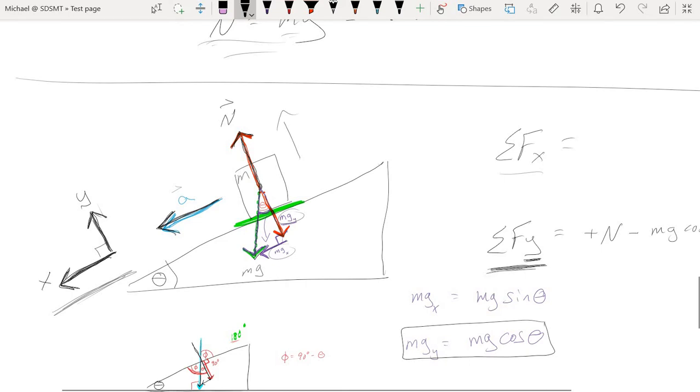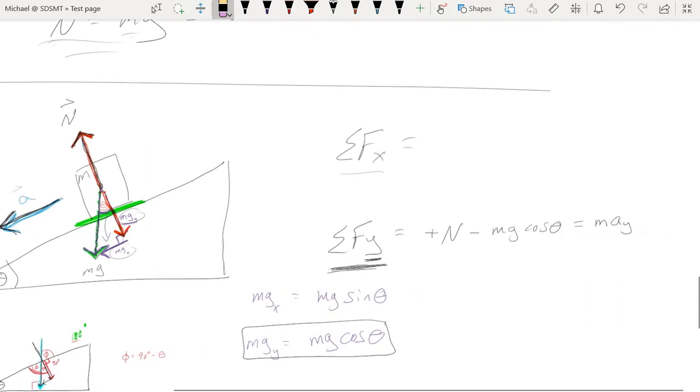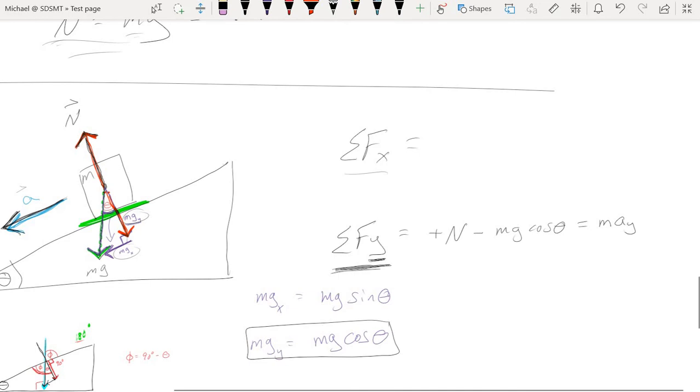Or when's the last time you were on a slide and you just crashed right through it? That's what it would mean to have an acceleration along the y direction. Well, we should always be maintaining contact with that slide, and so we should be able to say, well, the acceleration along the y-axis for this system is 0.